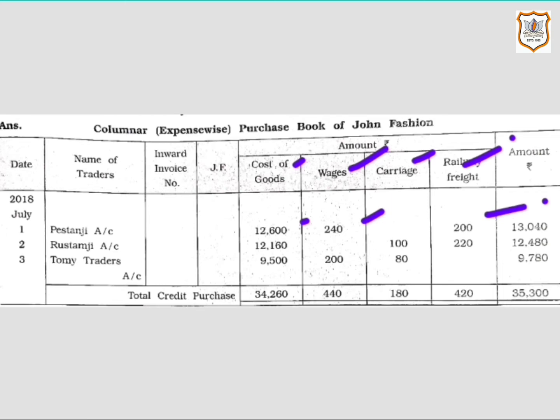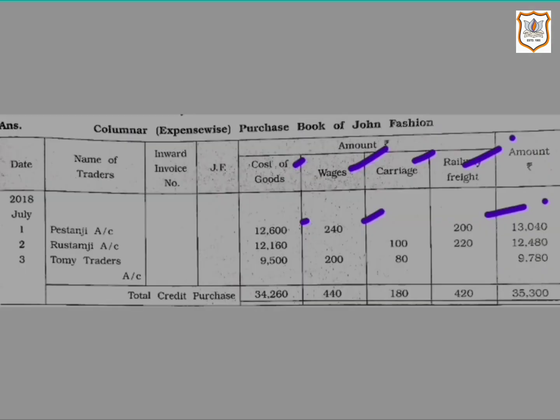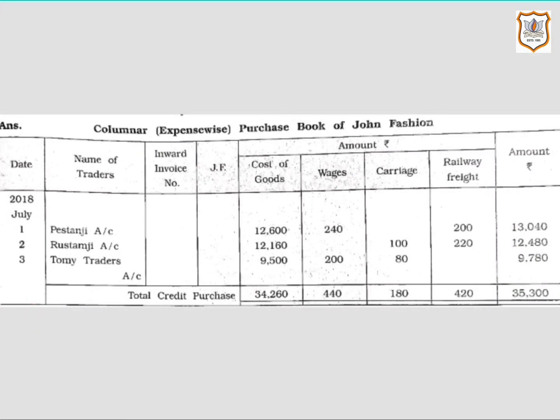First we have to decide how many accounts will be prepared. Here we will prepare a purchase account, as this is the purchase book. Then 3 separate accounts for wages, carriage and railway freight expenses are to be shown, because the expenses shown in the purchase book are expenses regarding purchases.